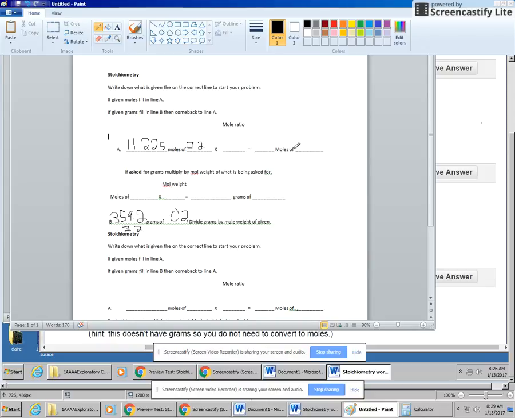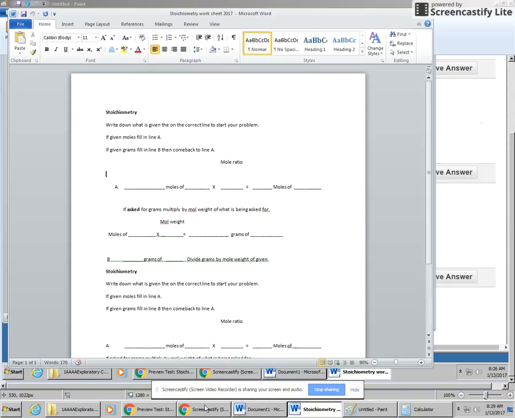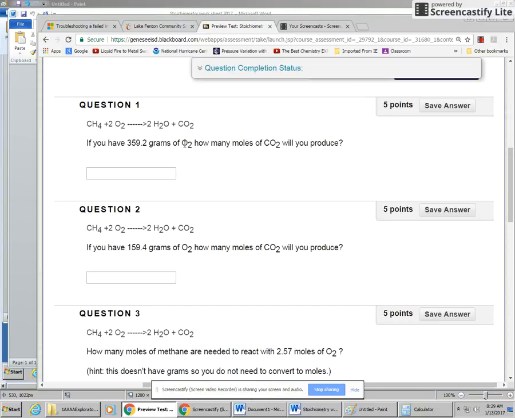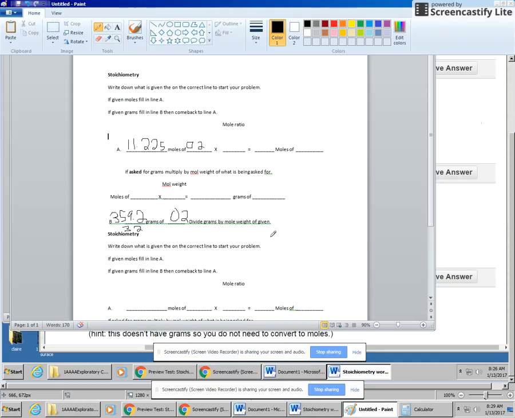And then you multiply that by your mole ratio, and in this case, your mole ratio is O2 goes on the bottom, so it's 2 O2 goes on the bottom, because our mole ratio is going to be of that versus CO2. So 2 goes on the bottom, CO2 goes on top, and so that's a 1-to-2 ratio.